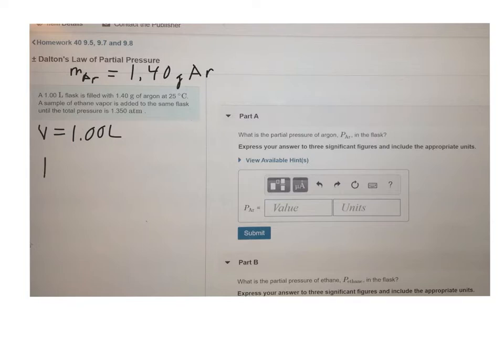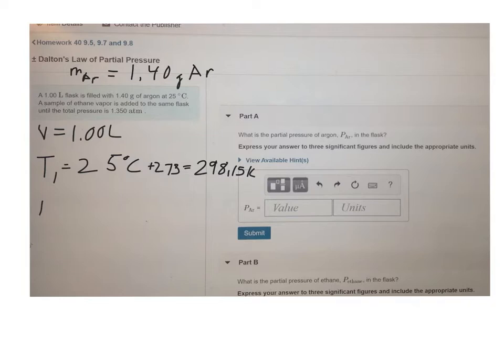I've got a temperature that they insulted me with and put into Celsius instead of Kelvin right away, which is what they should have done if they were polite people.